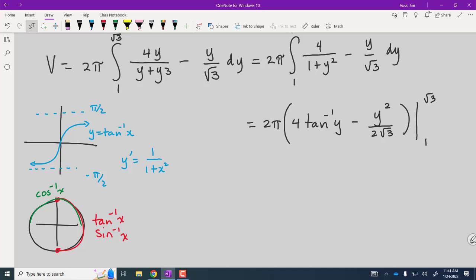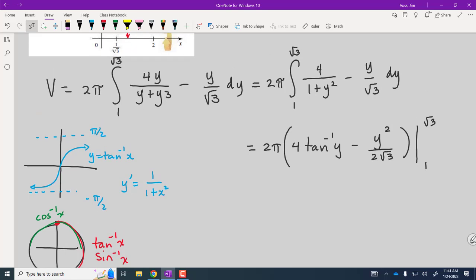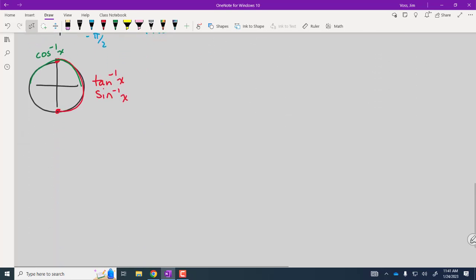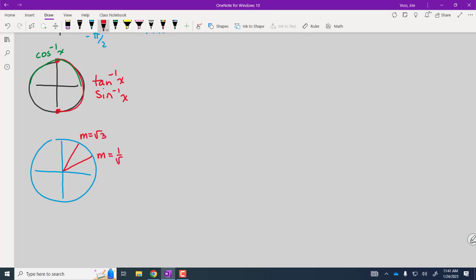So we're asking ourselves, what is the angle on the right side of the unit circle that has a tangent value of root 3? One of the things that I think is super helpful is the 12-sector unit circle. The slope at one point is root 3, and at the other it is 1 over root 3, which rationalized is root 3 over 3. Tangent is slope.